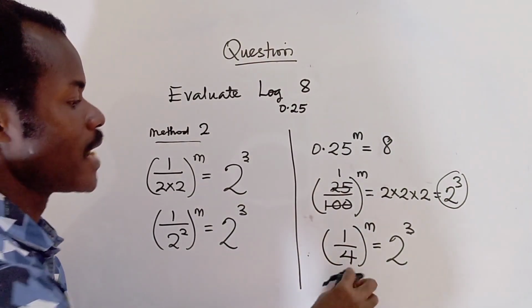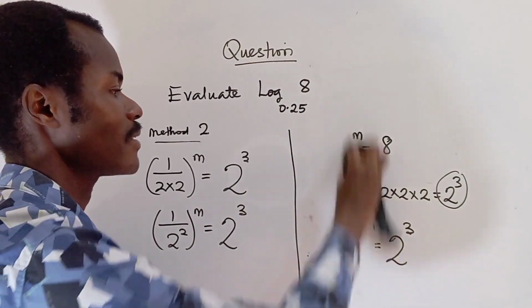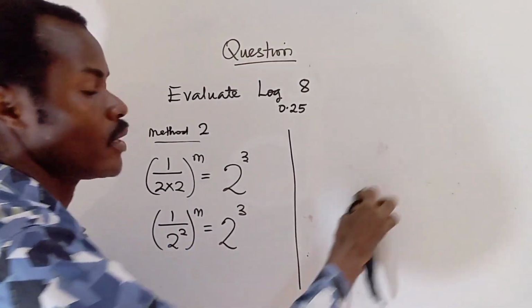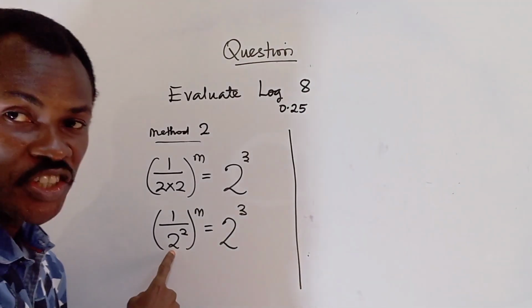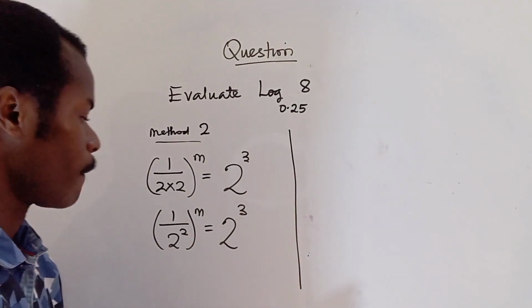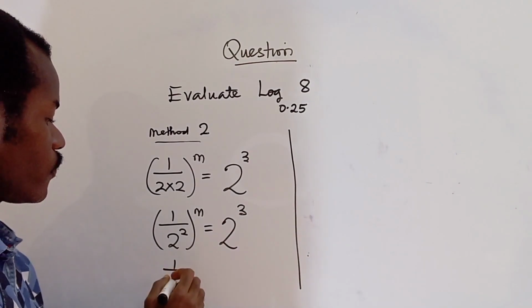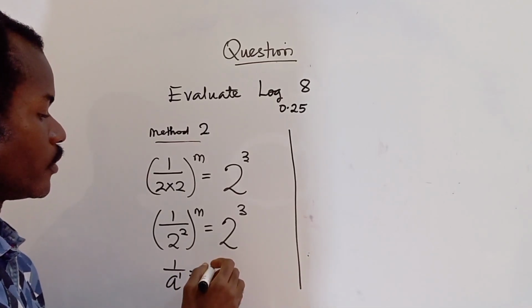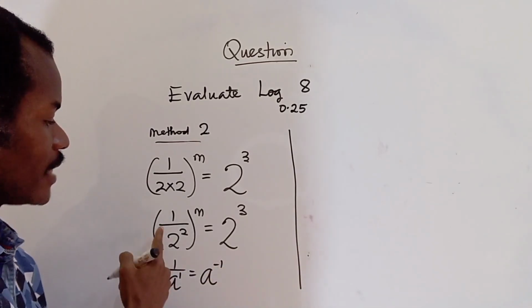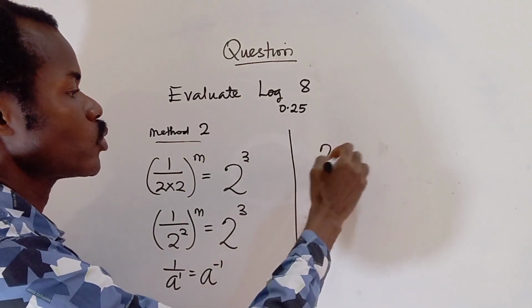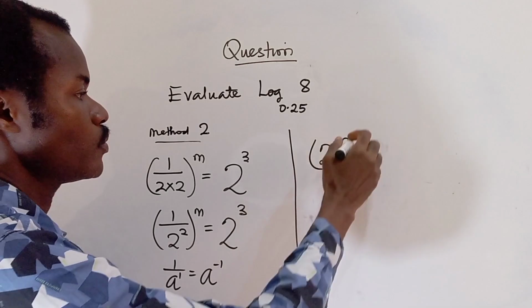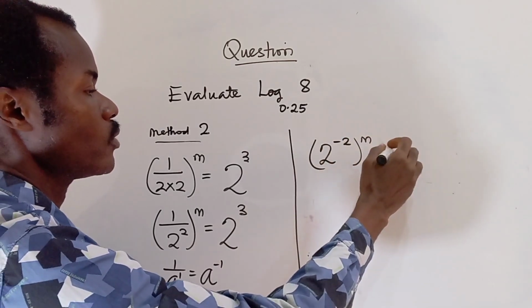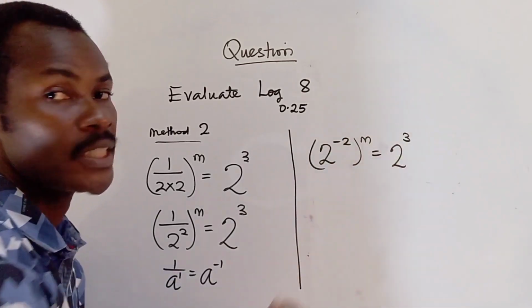Now one thing we can recognize on the left hand side is that we can change this using our inverse law. Remember, if I have 1 over a raised to the power of 1, we can write this as a raised to the power of minus 1. So let's apply it here. So we are going to have 2 raised to the power of minus 2, to the power m, is equal to 2 raised to the power of 3.